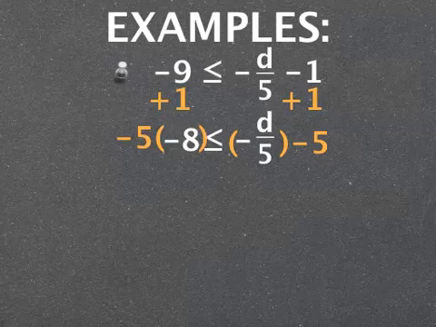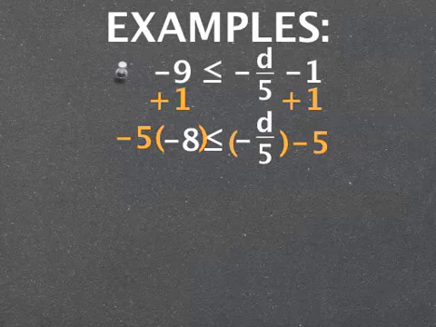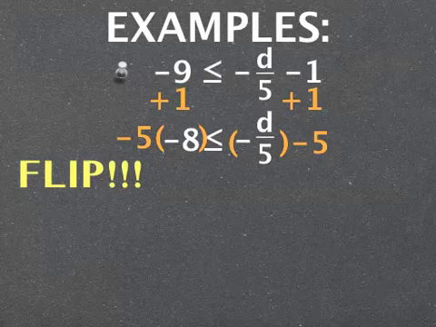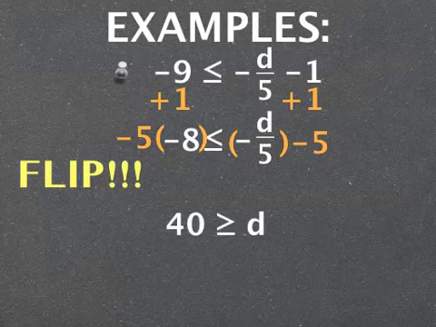When I am multiplying by a negative on both sides of an inequality, I have to flip the sign. So instead of less than, I'm going to flip the sign to be greater than. A negative 5 times a negative 8 is a positive 40, is greater than or equal to, because I had to flip the sign, d.